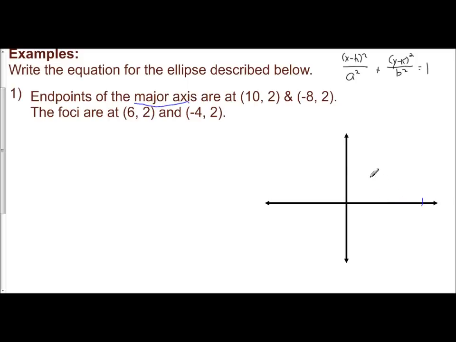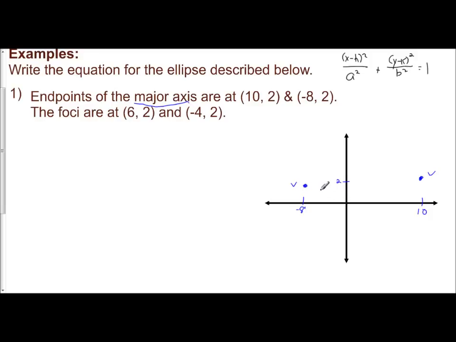Here's 10, here's 2. Like I said, I'm just sketching. So this is one of the vertices because it's an endpoint of the major axis. And I'm all the way at (-8, 2). Well, this tells me my major axis is horizontal. So it's a horizontal ellipse.